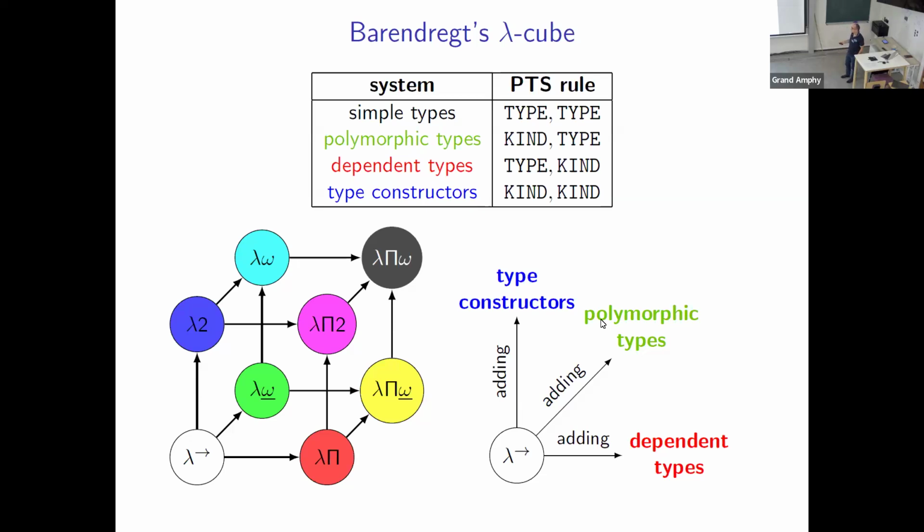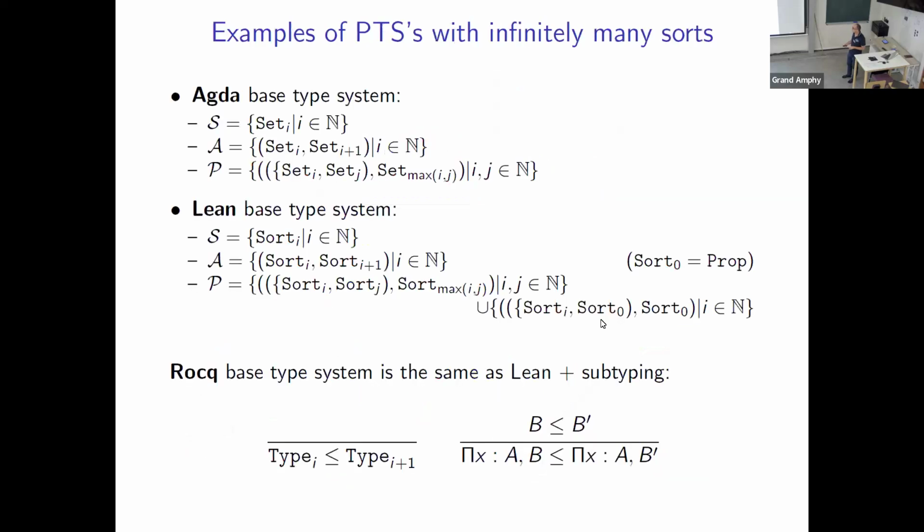And so we get this hierarchy of type systems that have very important applications in programming languages and systems, with only two sorts. But in general, in PTSs, you may have many more sorts, and in some proof assistants, indeed, you have many more. For instance, I simplify a little bit here.